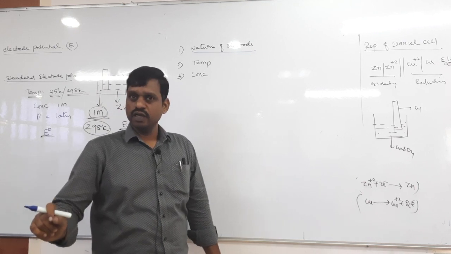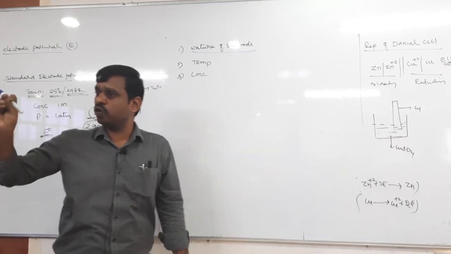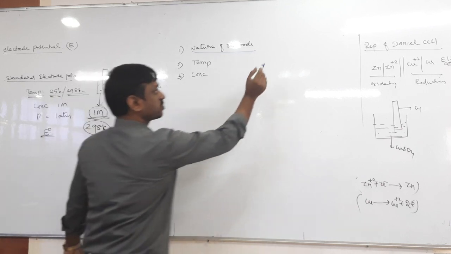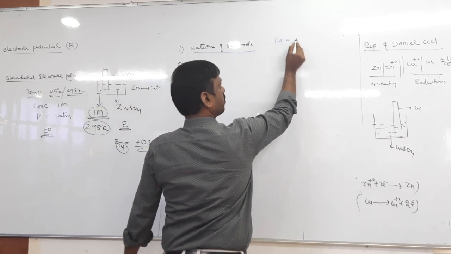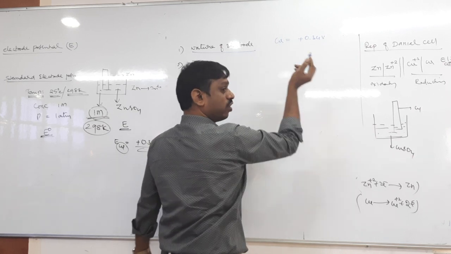It means there are many metals and many non-metals. Do all elements have the same electrode potential? No. The electrode potential of copper is plus 0.34 volt, which we call SRP.